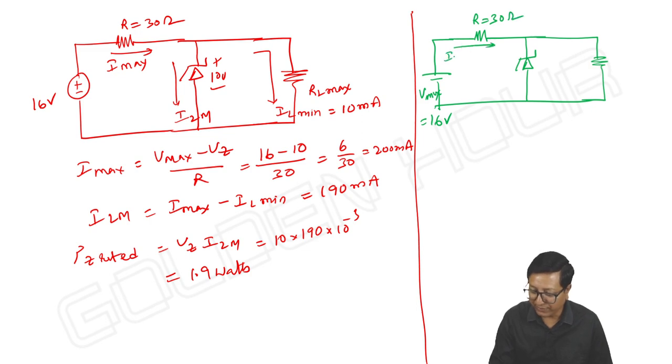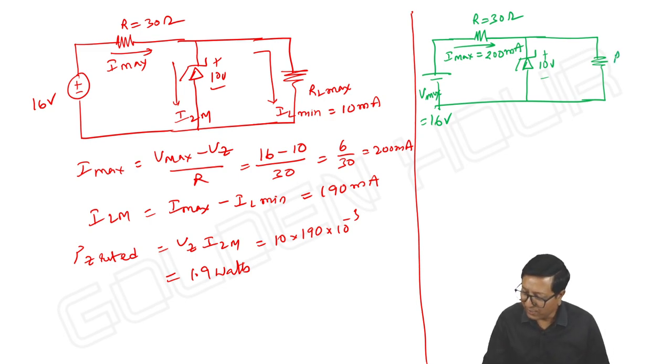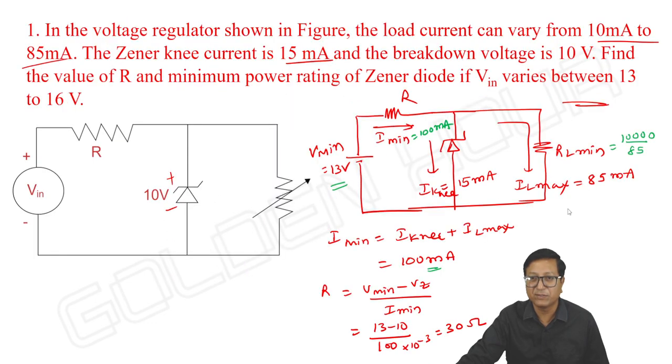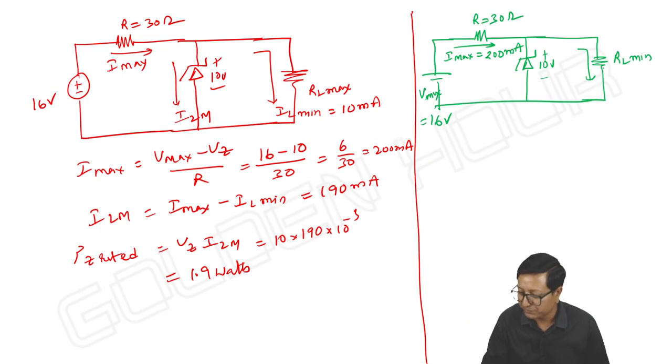At that time, what is I maximum? It is 16 minus 10 by 30. We are getting 200 milliampere. I is reaching its maximum value. At that time RL is still minimum only, so IL is maximum. What is IL maximum here? It is 85 milliampere.